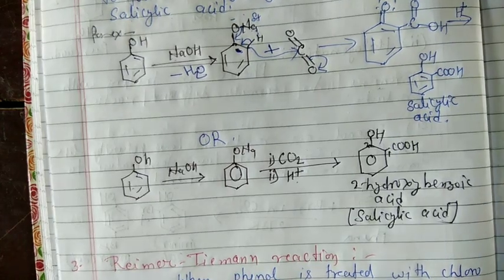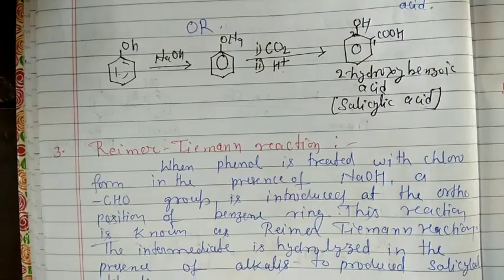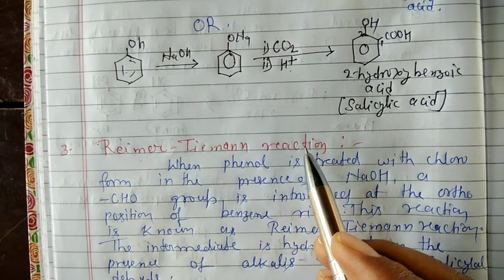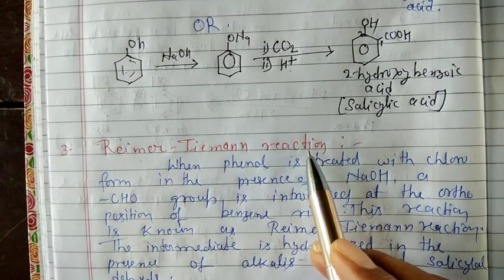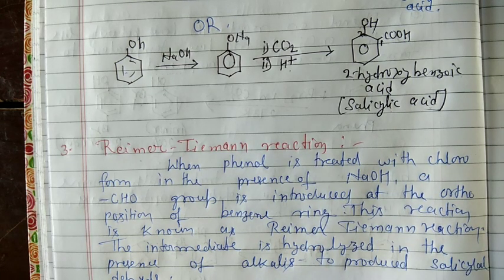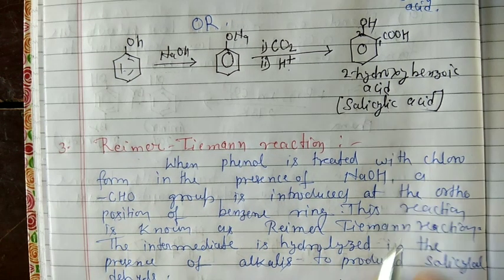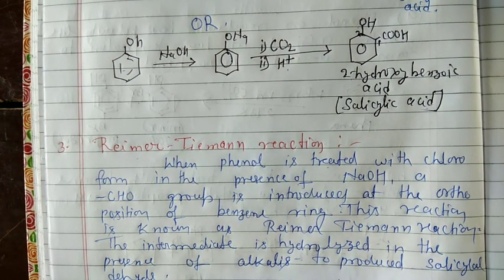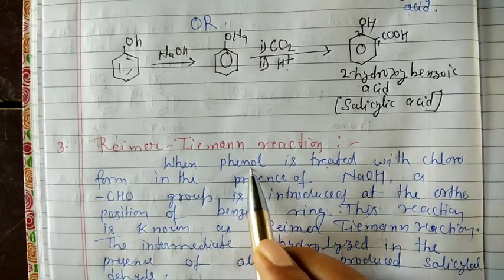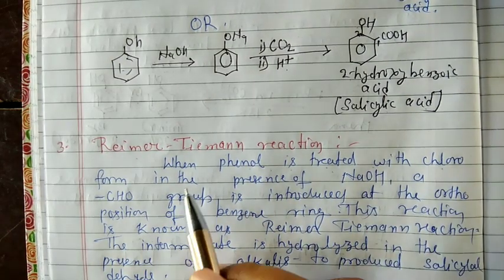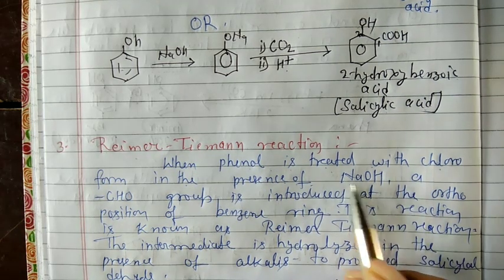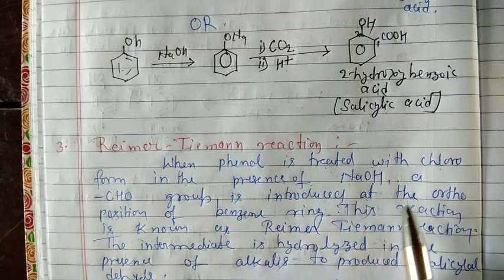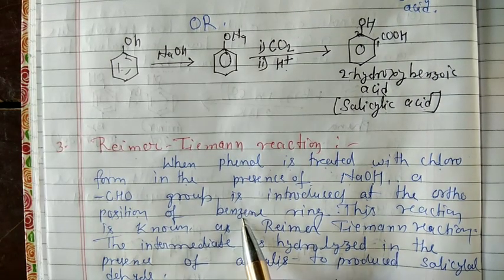Okay students, now let us discuss another important reaction, the Reimer-Tiemann reaction. What is the Reimer-Tiemann reaction? How is the product formed? First, when phenol is treated with chloroform, what is the chemical formula of chloroform? CHCl3. When phenol is treated with chloroform in the presence of sodium hydroxide, a CHO group is introduced at the ortho position of the benzene ring.